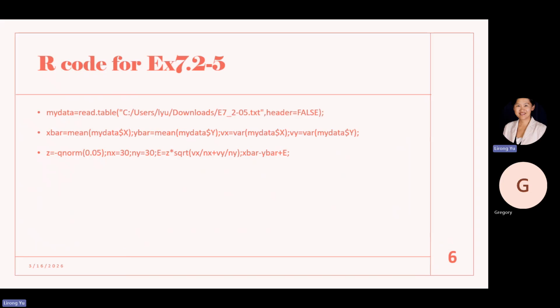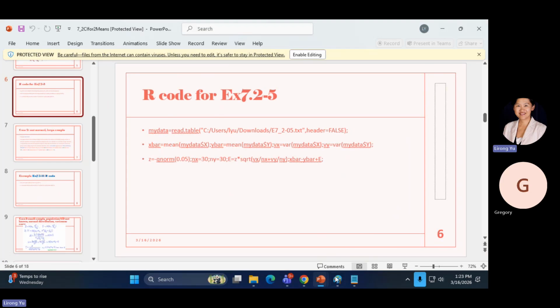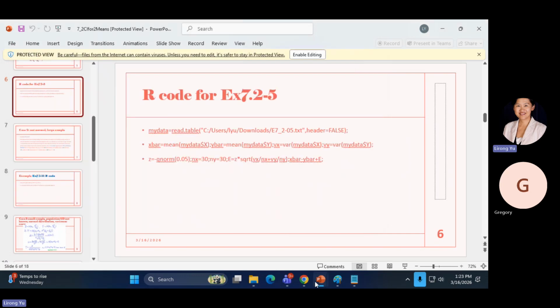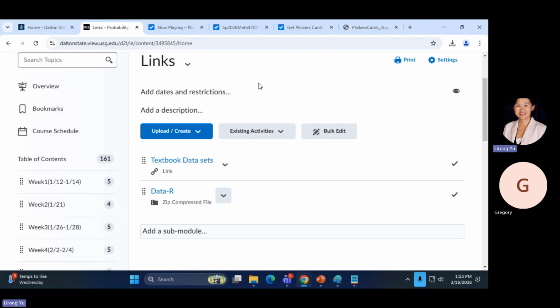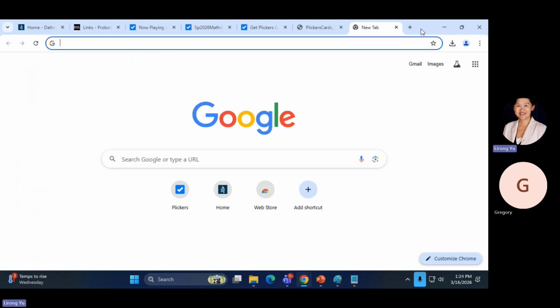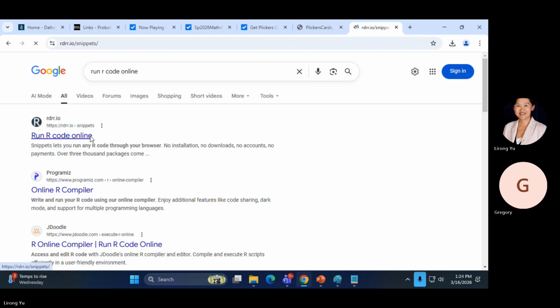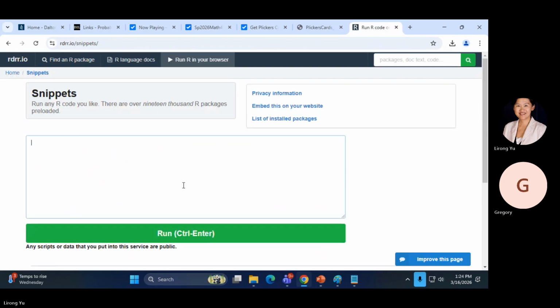So anyway, since I have the data already downloaded, I just want to illustrate how we do it. So this is the data set. Since I already opened it, I can copy and paste this. I don't have R on this computer. Installing it takes time, so I'll just run R code online. Right, so we're going to enter data, I guess we have to do read.table. Let's see if it works.